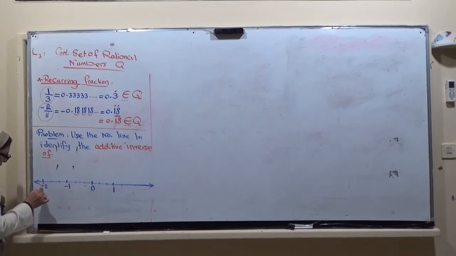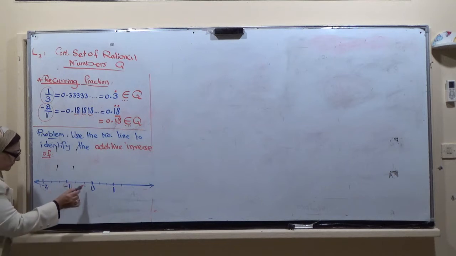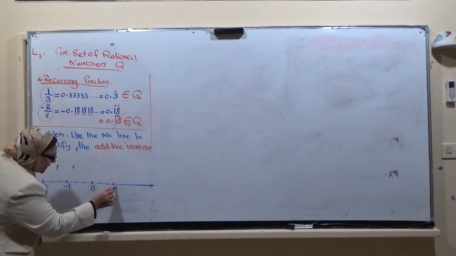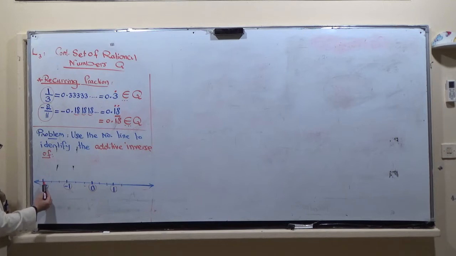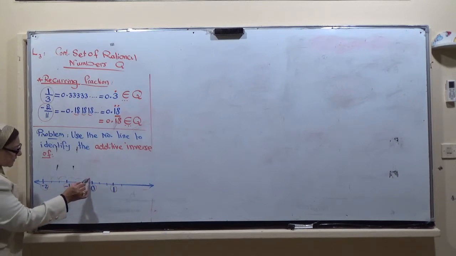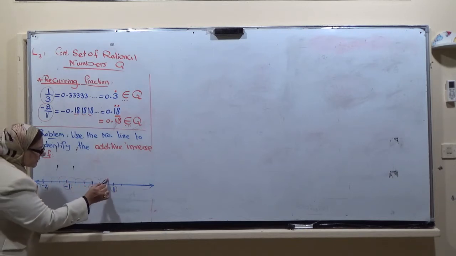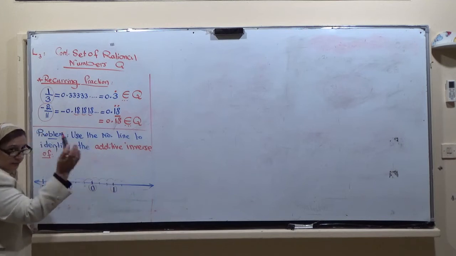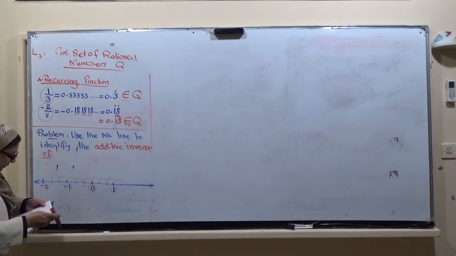This is -2, -1, 0, 1. Each part between them is divided into 3 parts. Also 3 parts. Also 3 parts, and so on.